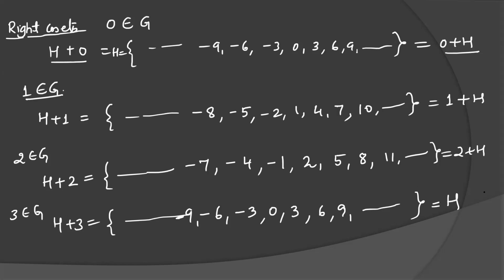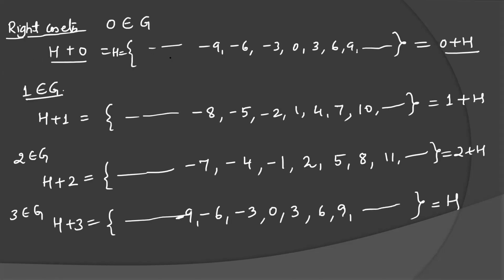So you are not getting a distinct coset here. It is equal to H only. Similarly, if you take the element -1, which belongs to G, then H plus -1 can be written as H -1.